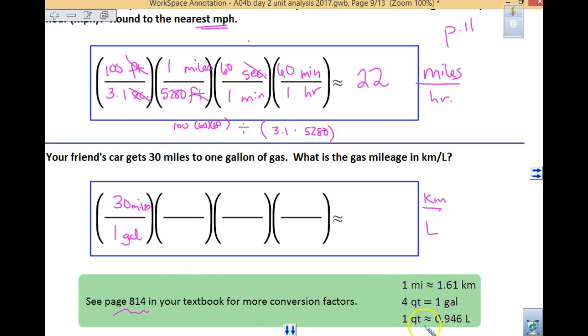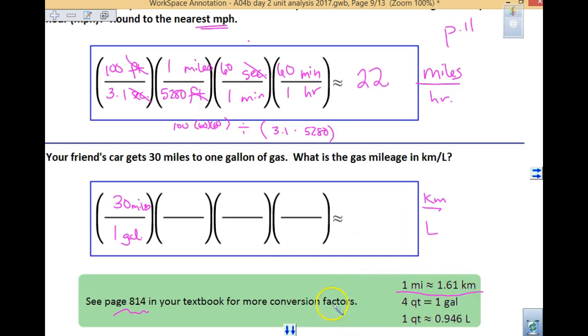I'm going to look at the conversions down below. 1 mile is to kilometers, quarts to gallons, and quarts to liters. I need kilometers per liter. As you start the problem, Cassandra, do you want to change miles to kilometers first, or do you want to go gallons to liters? Miles to kilometers. So I am going to use this conversion.